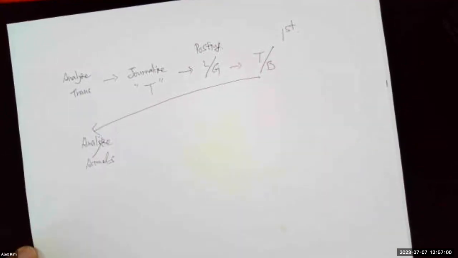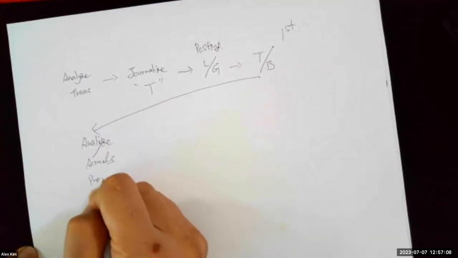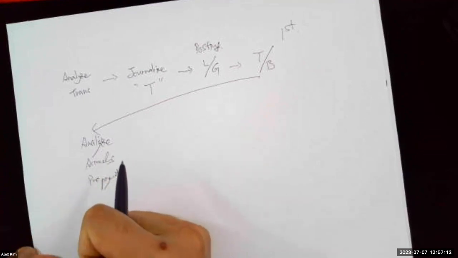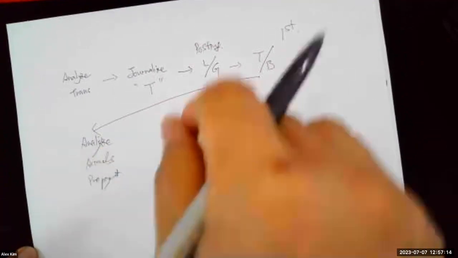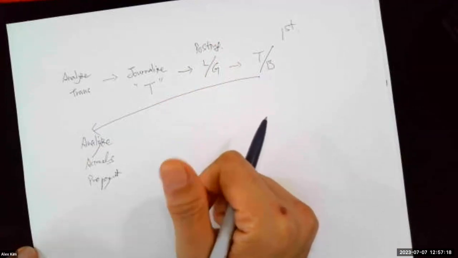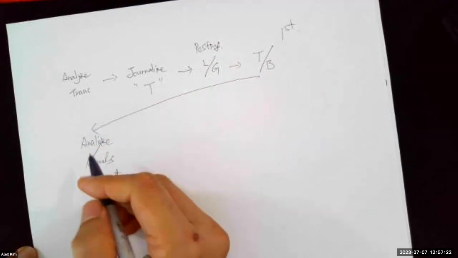Or if something's already recorded but not done yet, we call it prepayment. If there is any accrual or prepayment within the first trial balance, we need to adjust. That's what we call this step, adjusting entry.